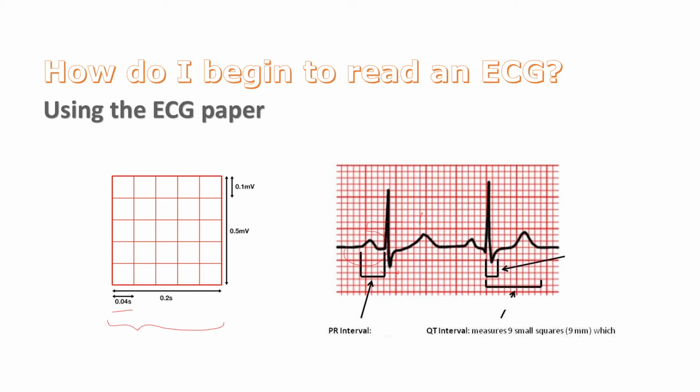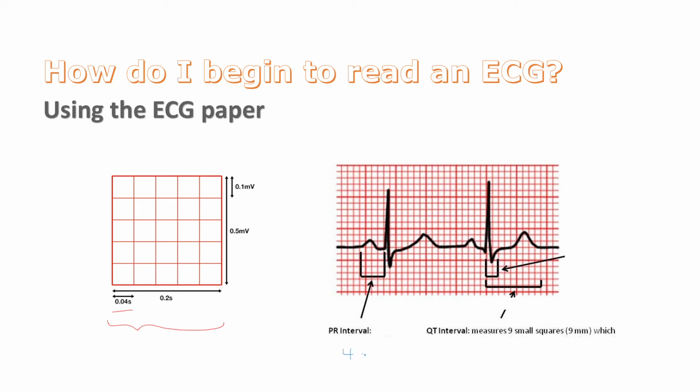Now the PR interval, for instance. Let me erase these notes here. Okay, now with another color, because the paper is red. So for the PR interval, let's count the number of small squares: 1, 2, 3, 4.